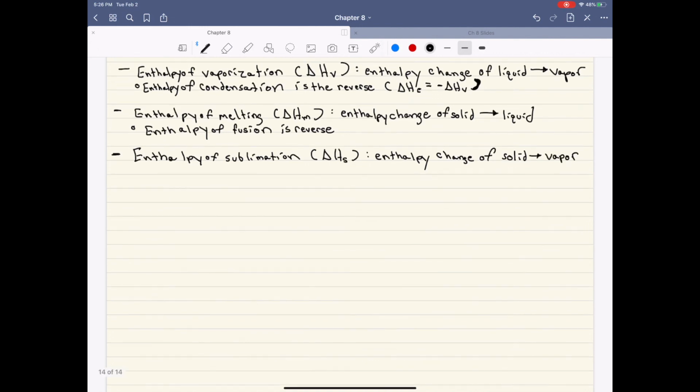All right. And so these different types of latent heats that we can encounter are typically tabulated, just like many of the other enthalpic and internal energy values that we deal with. Recorded in tables. And so in our textbook, table B1 actually records quite a few enthalpy of vaporization and enthalpy of melting values for various chemical species.